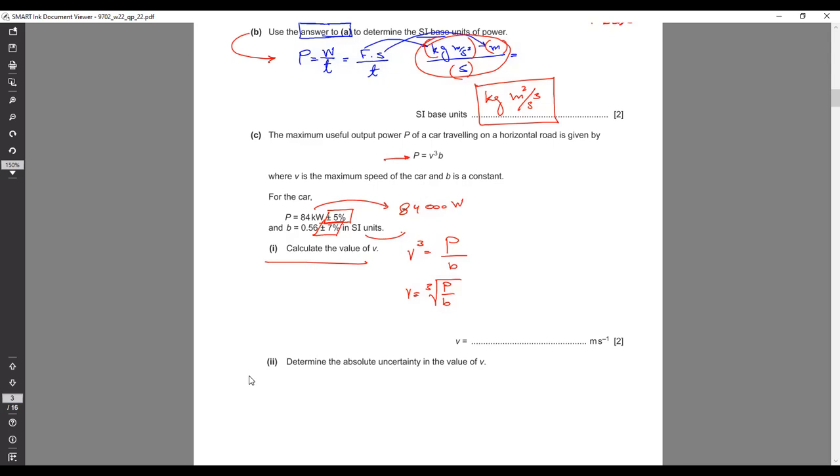Sir, what do I do with the plus minus 7%? I have outlined it, not to worry about it because we are not calculating the uncertainties. Okay, so just 0.56? Yes, both 84,000 and 0.56. Using these values here, check out what you get. Because the uncertainties are there in the next part, which we are not going to practice right now. I'm getting 53.13. That's right.